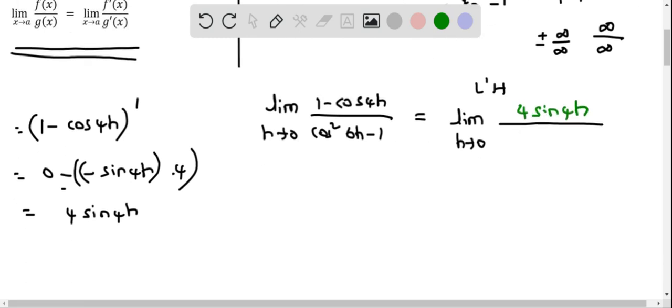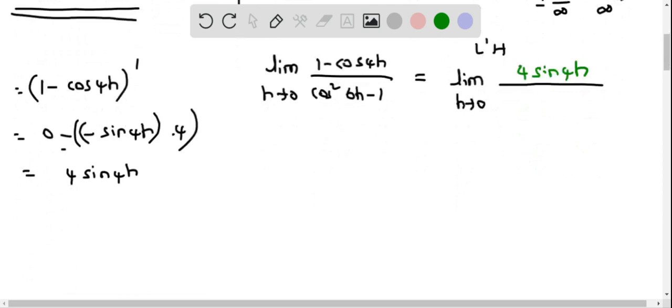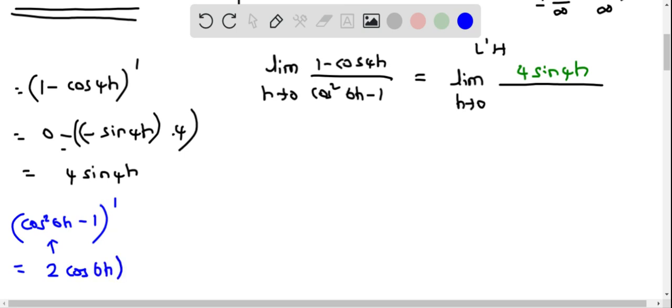And let me also do the denominator. In the denominator we have cos squared 6h minus 1, so we have to find its derivative. We first apply the chain power rule to find the derivative of cos squared 6h, which means I put the power in front and multiply by the reduced power, that is 2 minus 1 is 1, so cos of 6h.